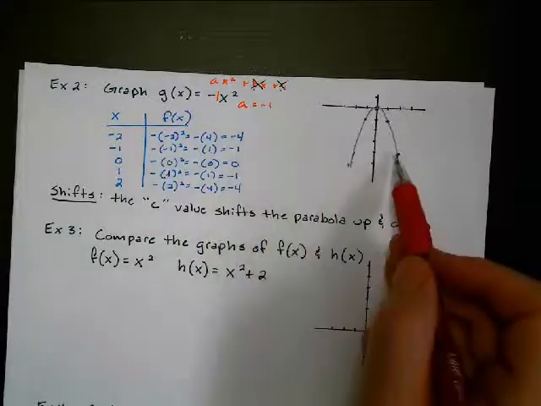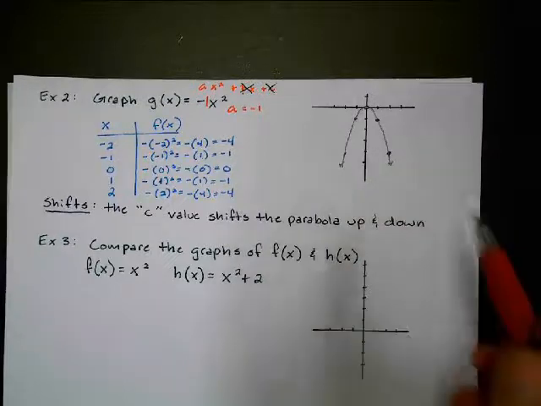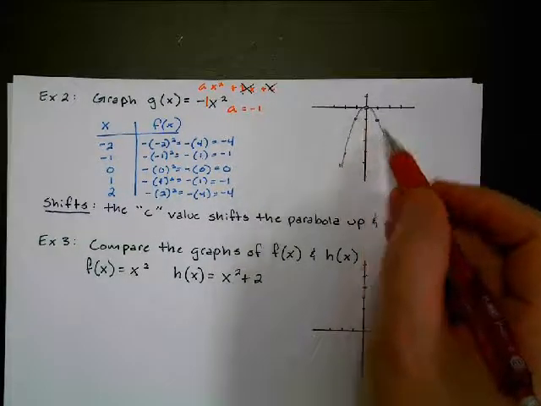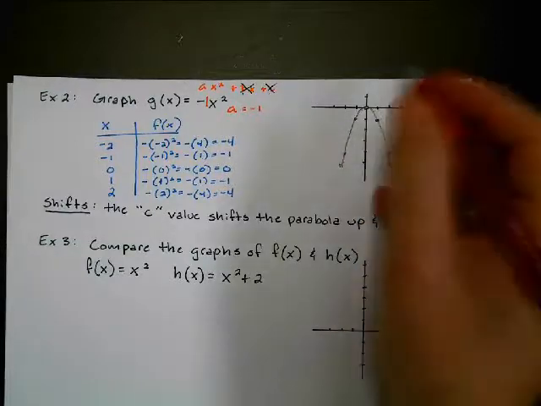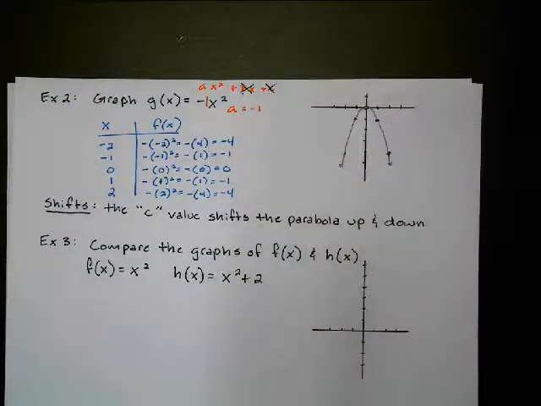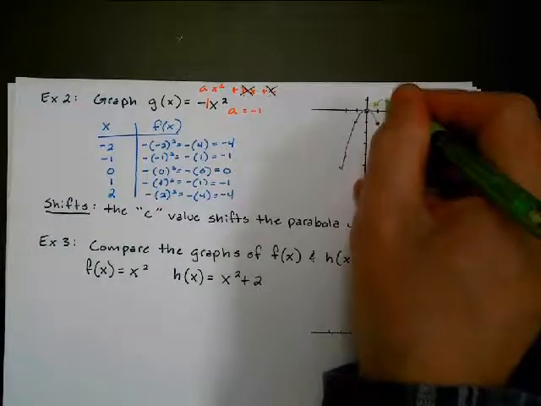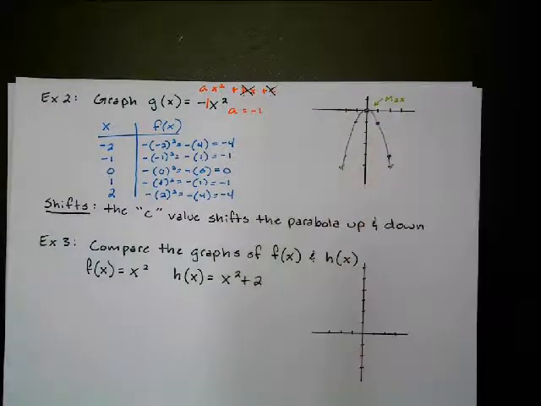Now the other thing that's different about this one is that this one has a maximum at the vertex. Now what was different from this one compared to our last one? Well, this one had a negative a value.